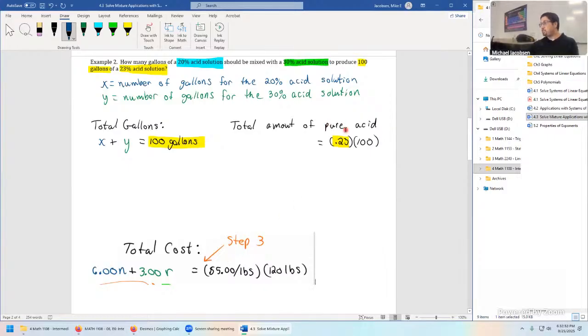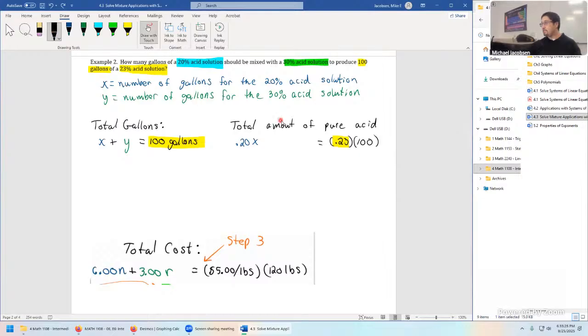Here we're multiplying just by the percentage that we're trying to get to, a 23% acid solution. Then on the left-hand side, we started using the variables. We took the $6 per pound for the nuts. Over here, we do almost the same thing, except we want to know how much of the first liquid, the first solution, is acid. We take the percent, go 0.2, multiply it by X, and that's the same analogous thing as what we were doing right down below here.